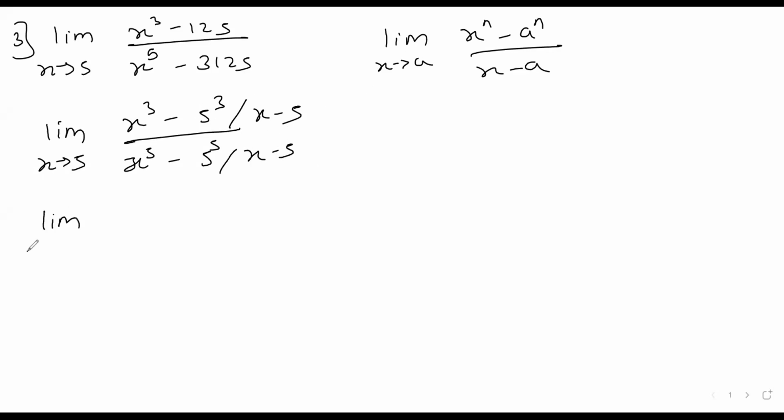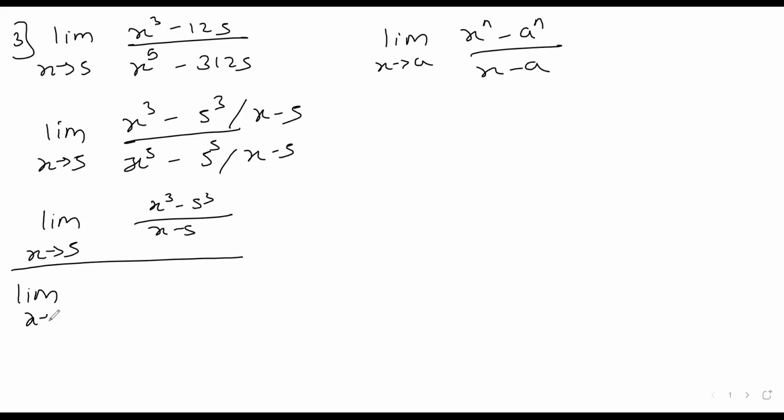So I will get limit x tends to 5, x cube minus 5 cube upon x minus 5, whole thing upon limit x tends to 5, x raised to 5 minus 5 raised to 5 upon x minus 5. Yes?